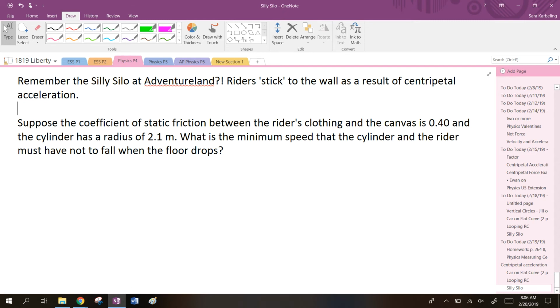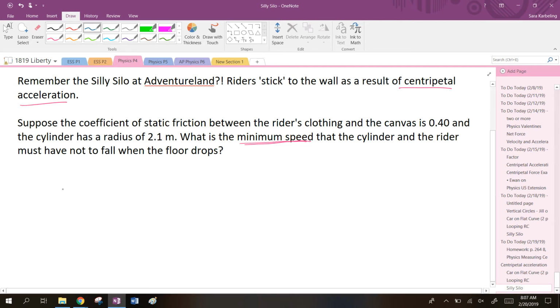You don't really stick to the wall, but you experience some centripetal acceleration, and that is due to a frictional force. So we want to know the minimum speed. Again, we're talking about the minimum speed that the cylinder and the rider have to be moving at so that when the floor drops, the rider doesn't fall.